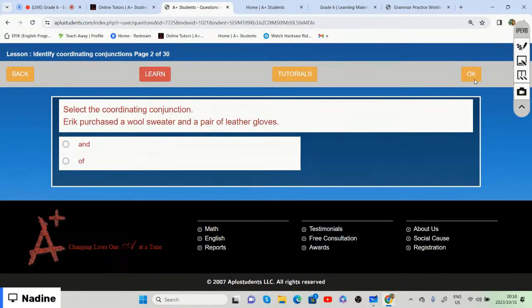Eric purchased a wool sweater and a pair of leather gloves. Is it "and" or is it "of"?